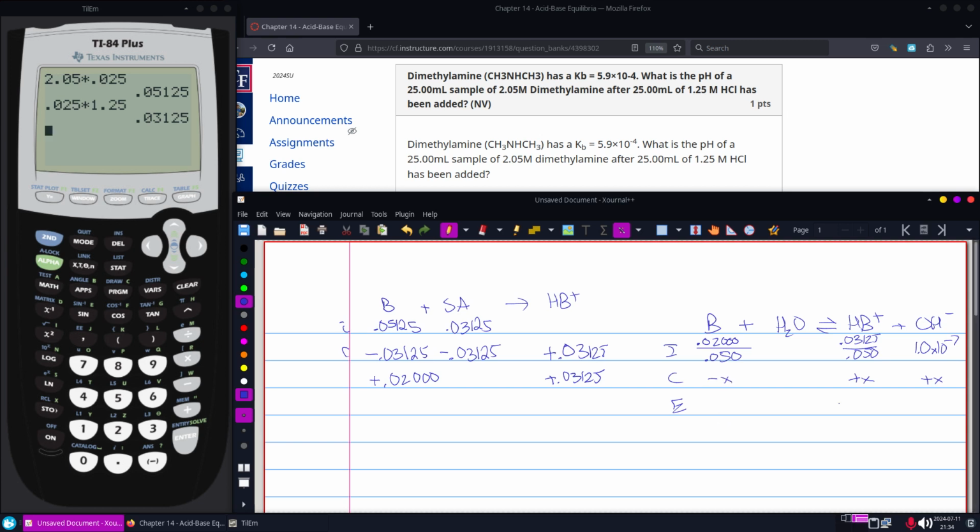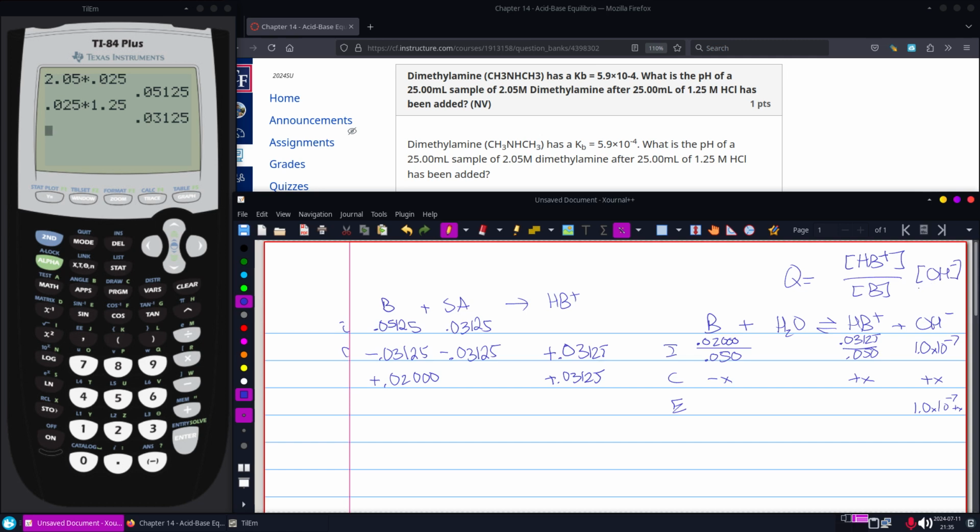I'm not going to write down the E on the base and the HB. I'm only going to write it down for this, because I'm not going to do this math with that 50 milliliters. The reason is the Q. Let me put it up over here. The Q for a base equation is always kind of the same, but I'm going to write it ever so slightly different. I isolated the HB and the B from the normal equation.